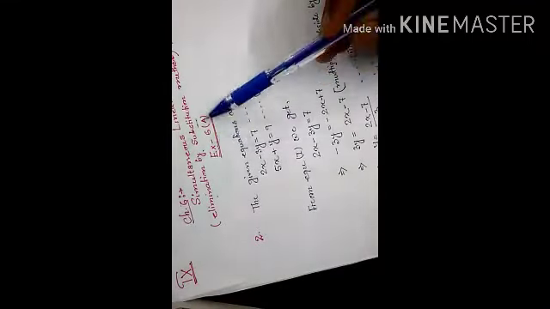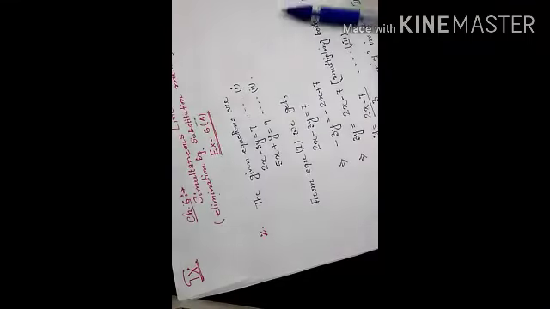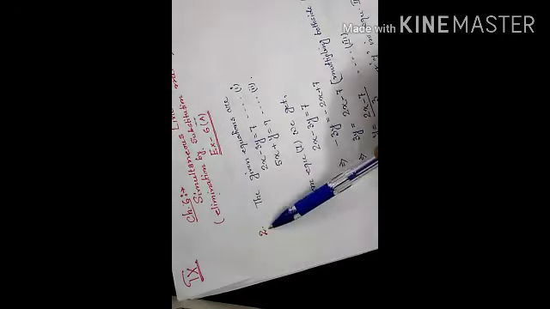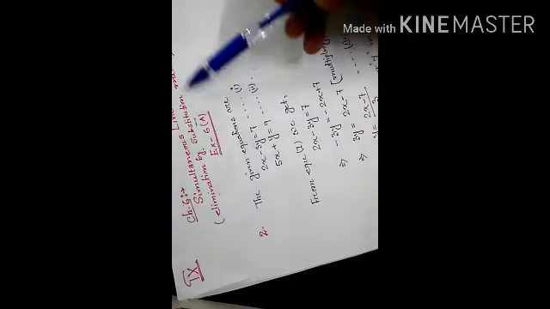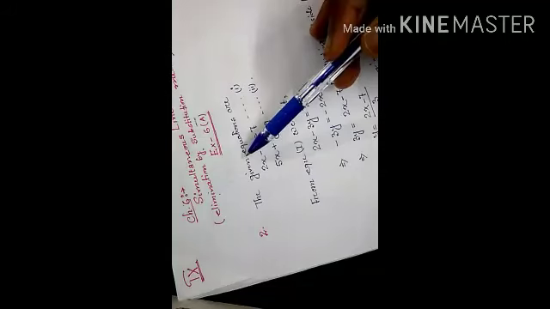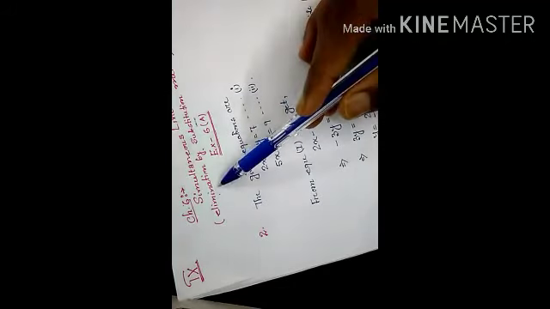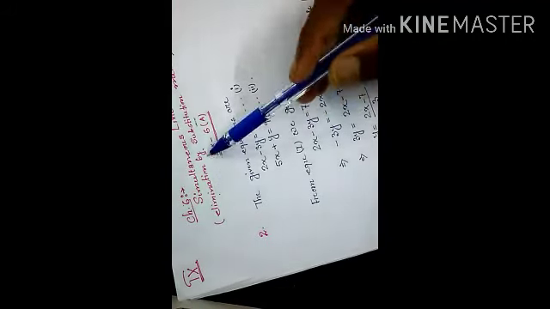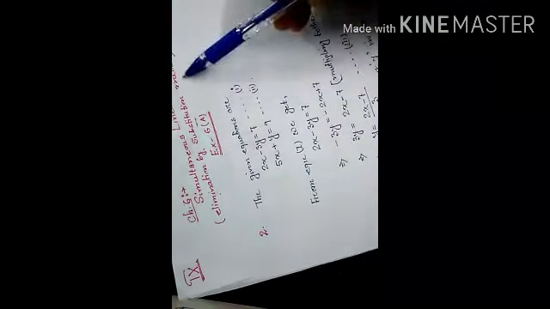We will learn it by solving the problems of exercise 6A. Now come to question number 2. In this way we will know how to solve the linear equation, which is called the elimination by substitution method.